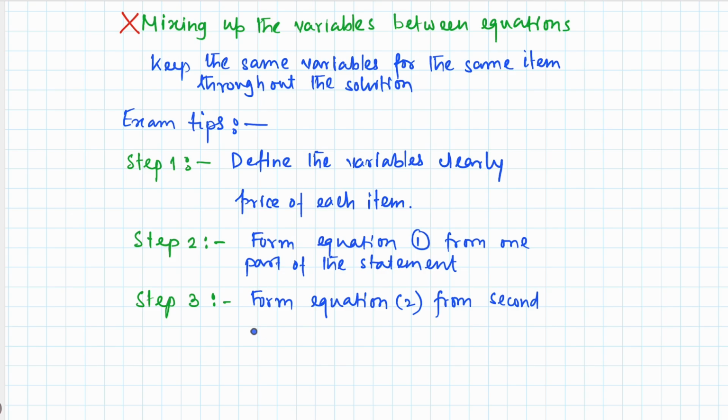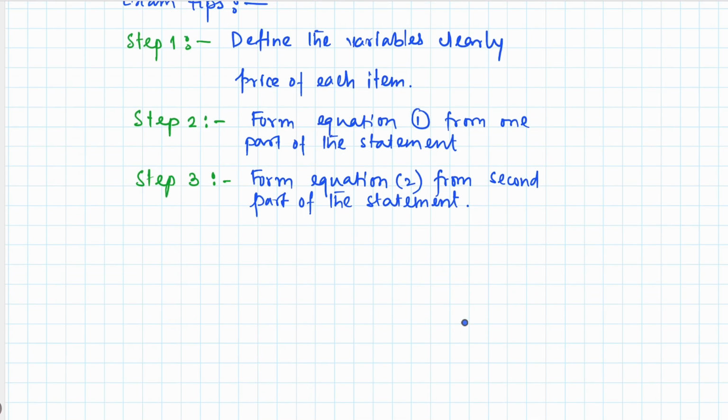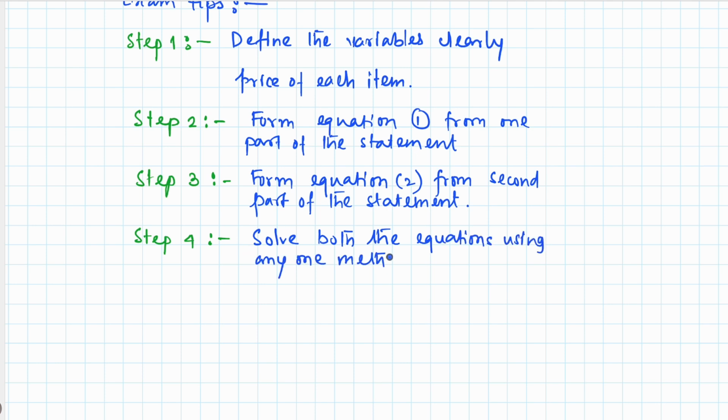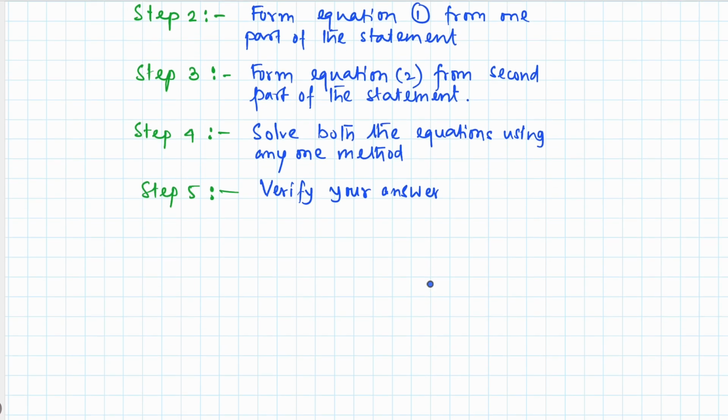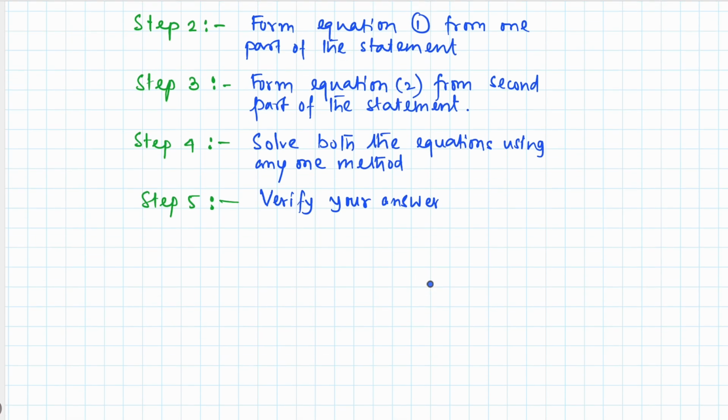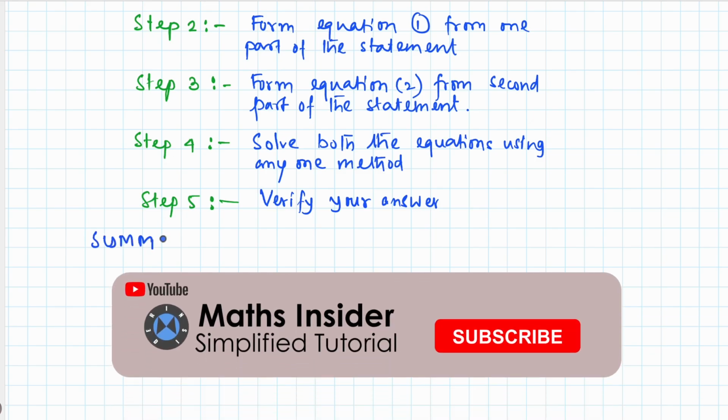They will be clearly given. You have to identify them and form the equations from the given statement. So read the statement properly. Step 4, once we have the pair of equations, we can easily solve both equations using any one of the methods that we have learned. Step 5, then verify your answer. Once you have followed these steps, it will be easy for you to arrive at the correct answer and handle this kind of problem.